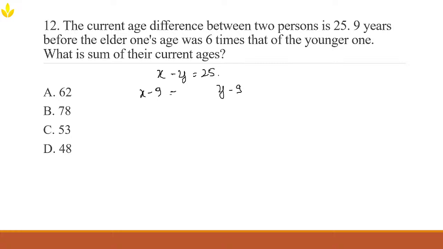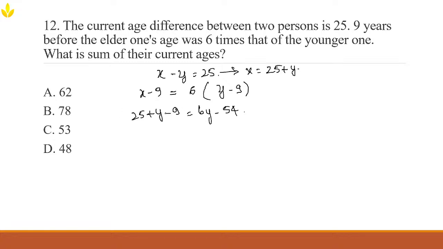If we equate this, we can get either the x value or the y value. So x will be equal to 25 plus y. Substituting it in this value, that becomes 25 plus y minus 9 is equal to 6y minus 54.